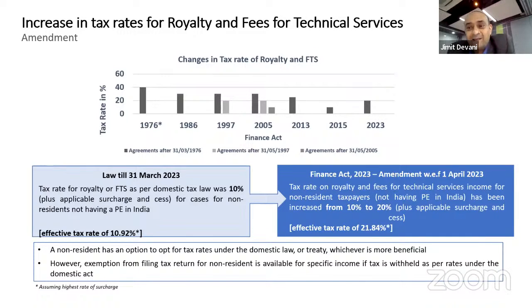While the option of paying tax as per the domestic law of India still exists, the important point is that you will now have to comply with the law and file your tax return in India if you want to claim the treaty benefit rate. Earlier, you had an option; there were judicial precedents both ways.